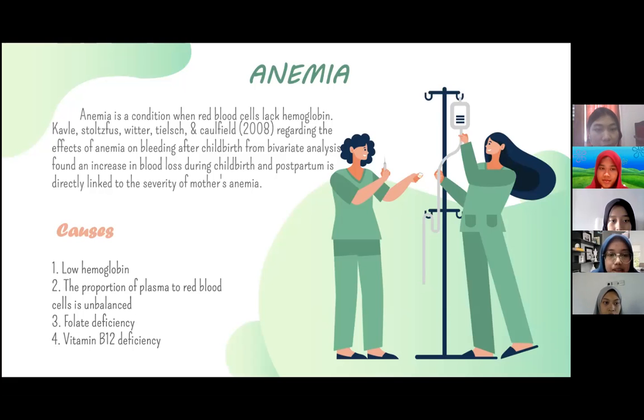Anemia in pregnant mothers is due to such factors as low hemoglobin levels, unbalanced proportion between plasma and red blood cells in the second trimester of pregnancy. Moreover, anemia can also be caused by folate deficiency because of an unbalanced diet to deficiency of vitamin B12.